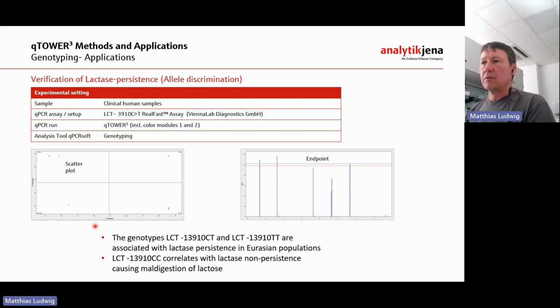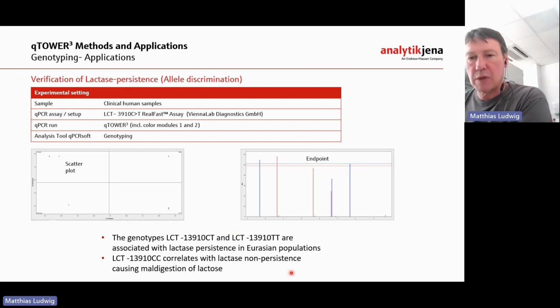Here the customer used clinical human samples, and they need only two different color modules, and then they can say, okay, this patient has maldigestion of lactose, meaning lactase non-persistence, or it's standard, or they have lactase persistence. Here the assay detects two different genotypes.